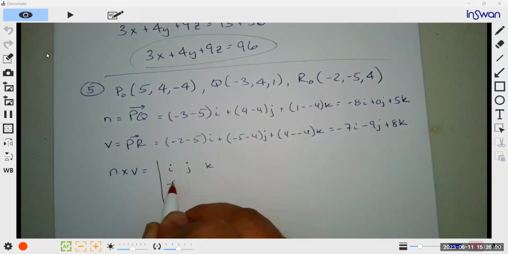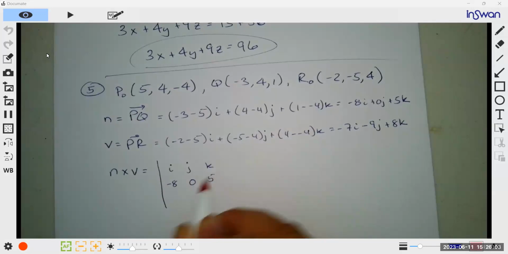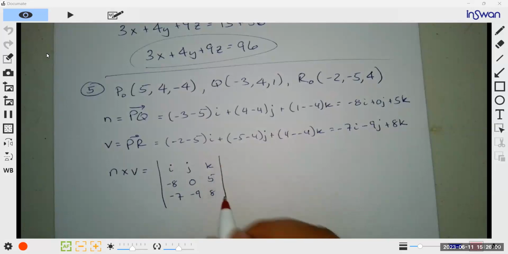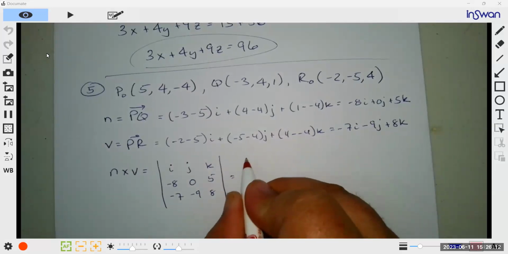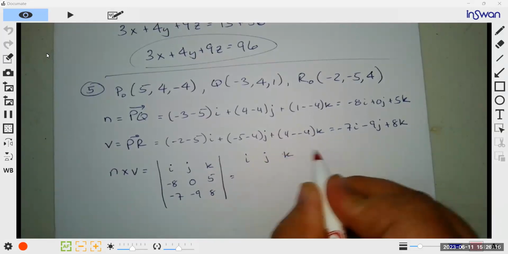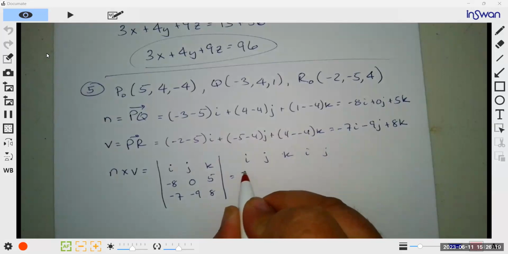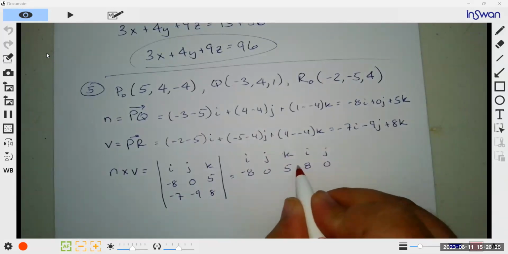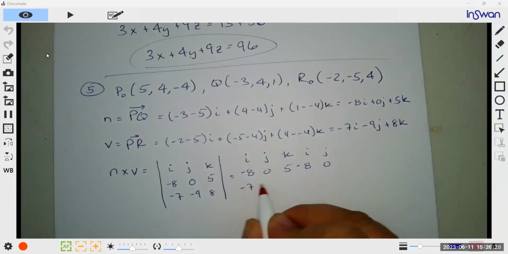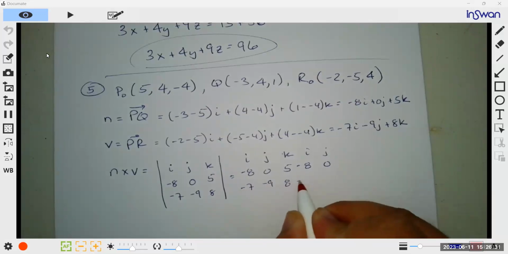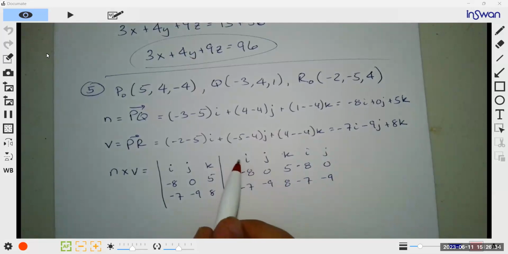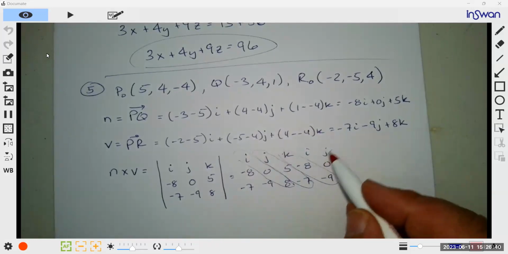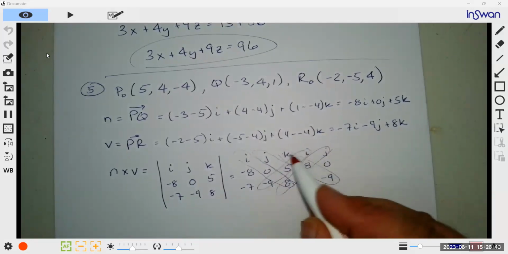So it's made up of -8, 0, 5 and -7, -9, 8. We have to find those.